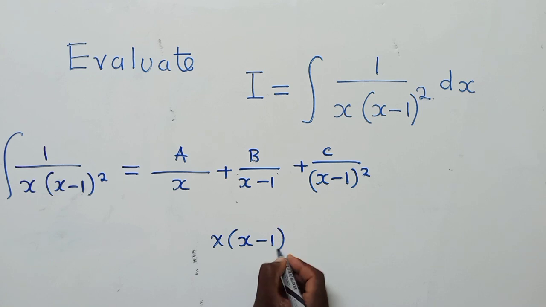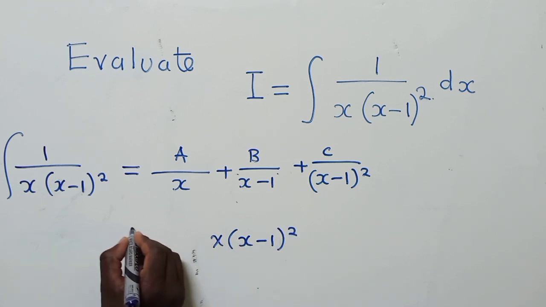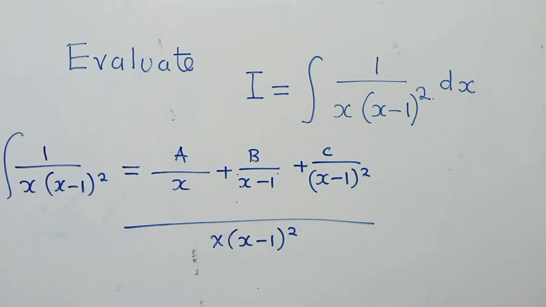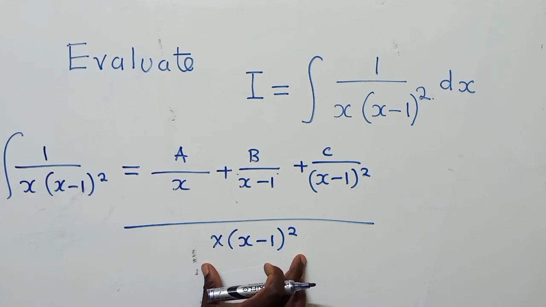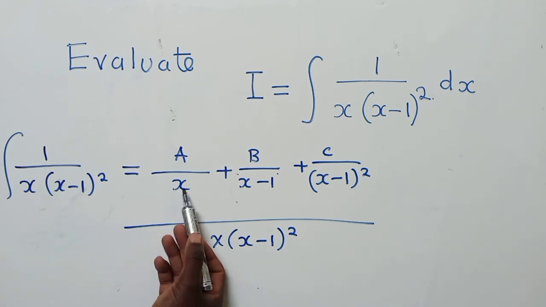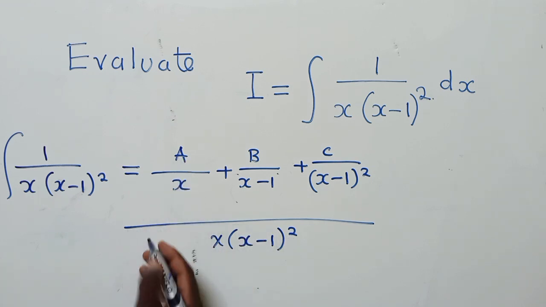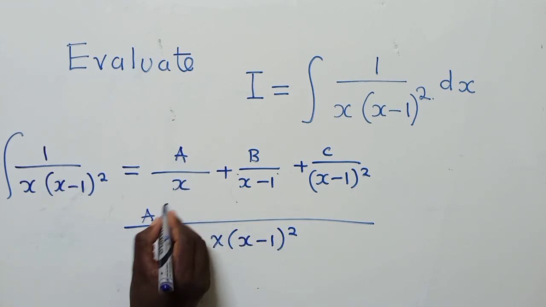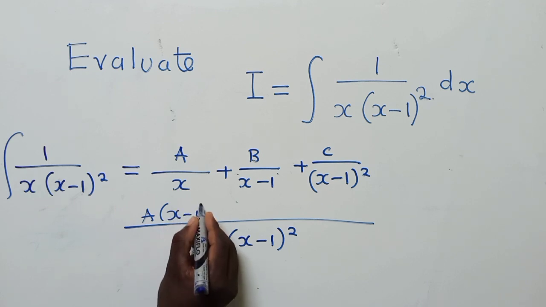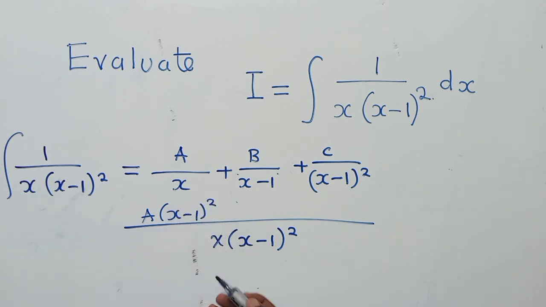Because this is our lowest common denominator, x into this denominator will just be (x minus 1) squared multiplied by this, so it will be A(x minus 1) squared.